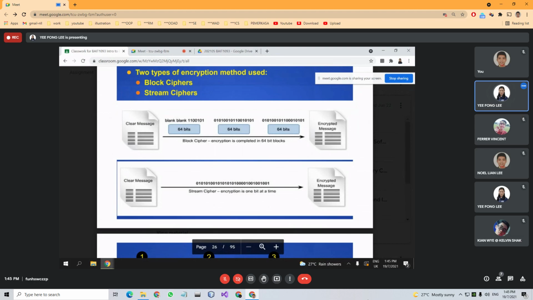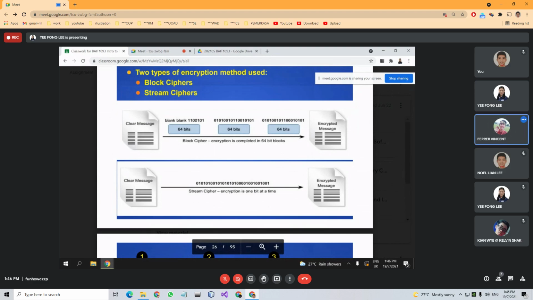Now, from here, what do you think? Which one will be more complicated? Which one more simple here? Send by block? The second one, more simple.